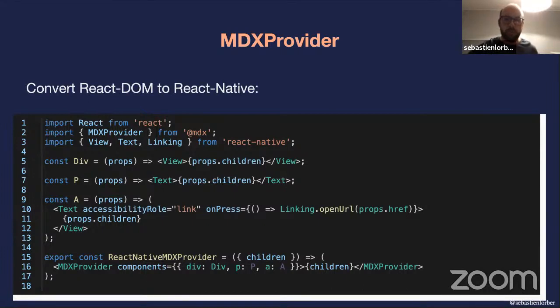For example, the anchor element, we want to display it as a link. So basically, how we render a link in React Native, it's not with an anchor element, it's with a Text. And when we press on it, it uses Linking.openURL. So somehow this is the opportunity to convert from React DOM to React Native, in the opposite sense.